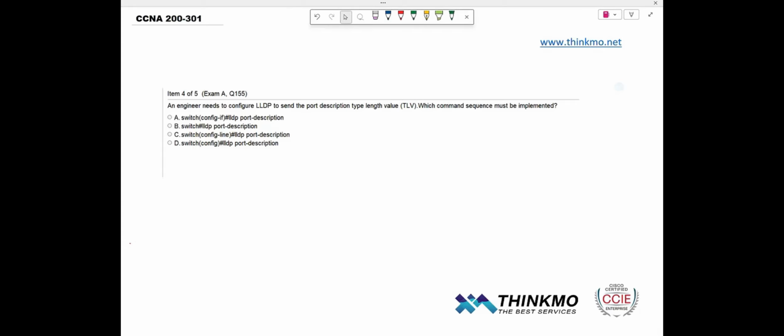For question 4, it says the engineer needs to configure the LLDP protocol. And which of the following commands is described correctly? So to check the LLDP relationship, which description is correct? First of all, when we configure commands in Cisco, it's always done in the global configuration mode.